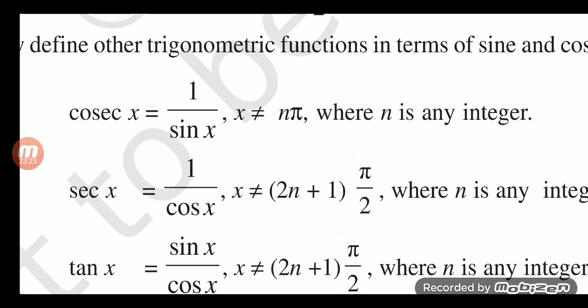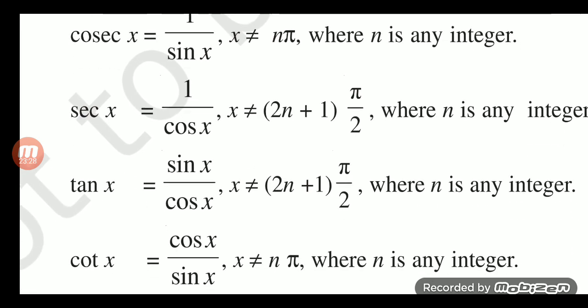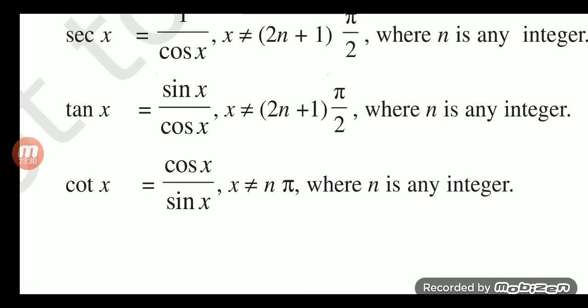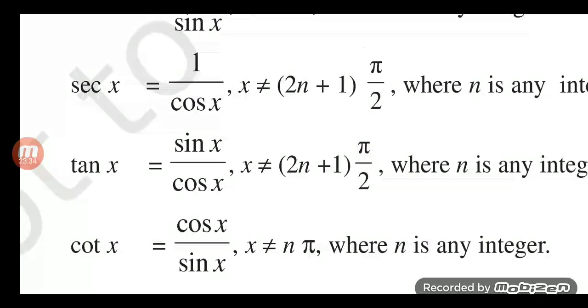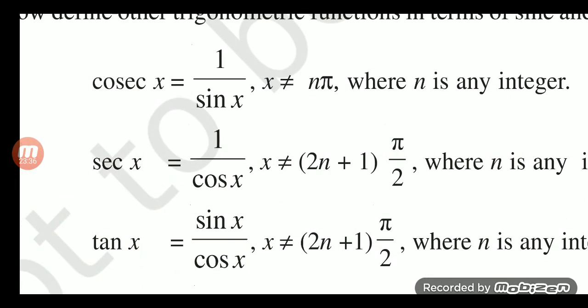We don't take x's value as this. Similarly, for everything, or else cot x, tan x, sec x, cosec x will be 0 or infinity or not defined. Infinity is basically not defined, because anything divided by 0 is not defined.